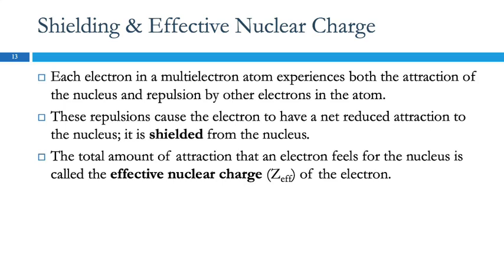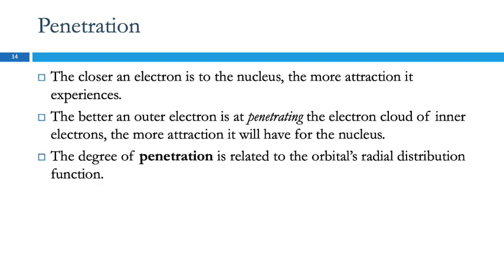So we talk about the effective nuclear charge, or Zeff, eff for effective. Z, again, that's the atomic number, the number of protons. That's the total amount of attraction that an electron feels for the nucleus. The closer an electron is to the nucleus, the more attraction it experiences. That's that distance thing again. The closer the electron is, the better it can see, this is how I think of it, better it can see the nucleus and the more attracted it is.